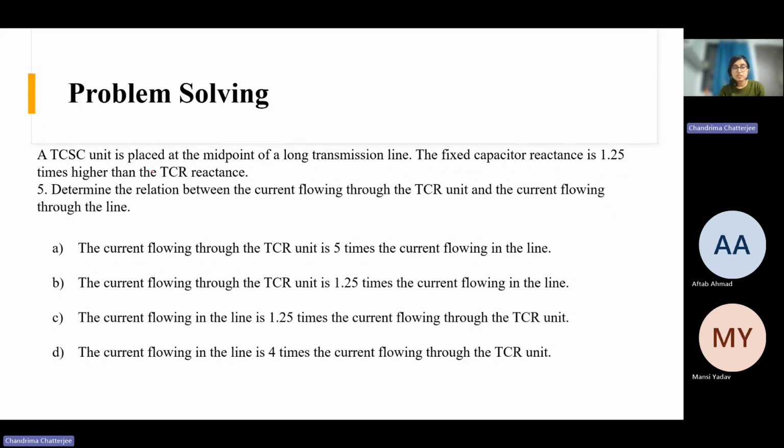A TCSC unit is placed at the midpoint of a transmission line. The fixed capacitor reactance is 1.25 times higher than the TCR reactance. Determine the relation between the current flowing through the TCR unit and the current flowing through the line.